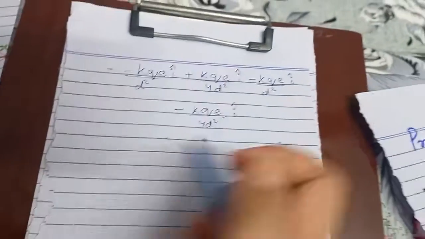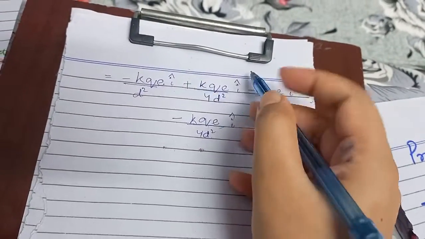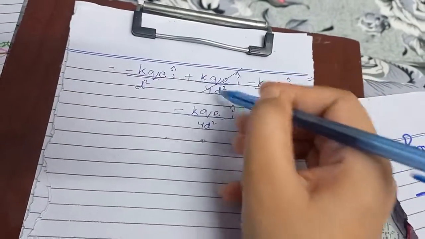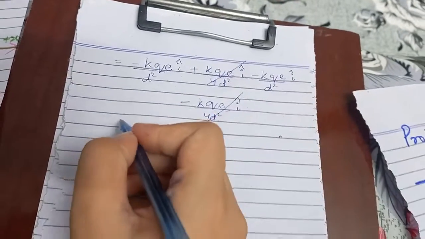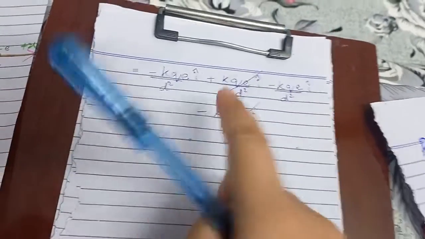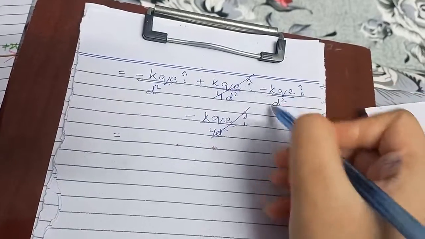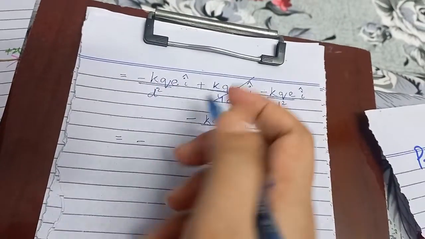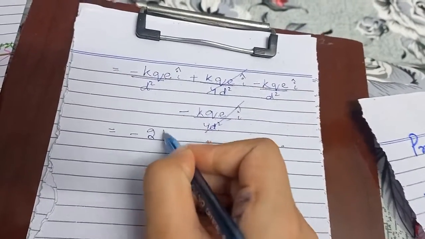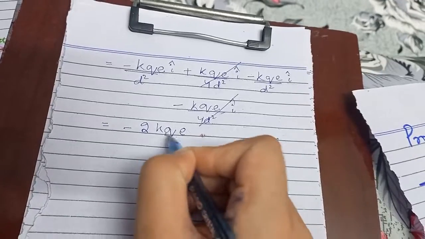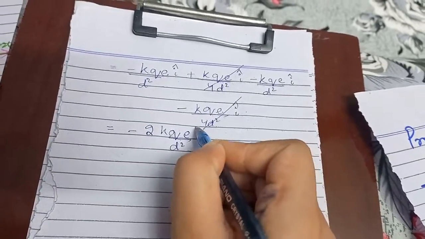Okay, we can see here that's the positive one and that's the negative one, equal but opposite in sign, they cancel out and we are left with they both are same and both are negative, so minus 2 k q e over d square i hat.